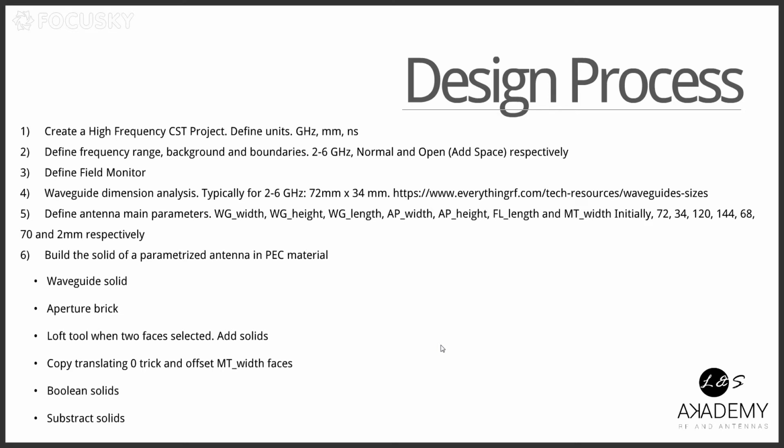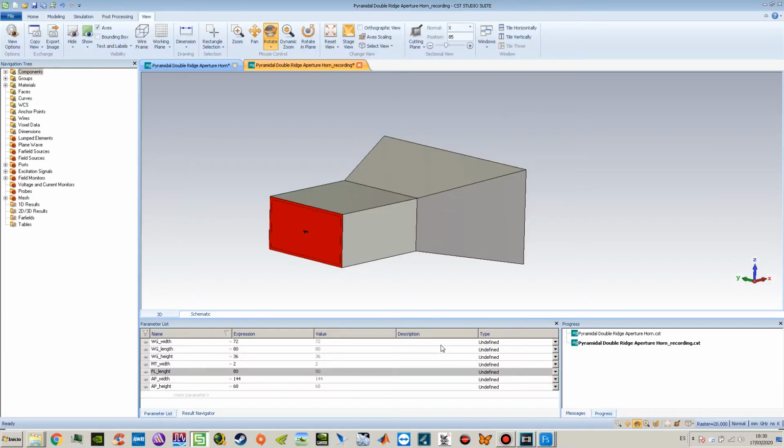Okay, the design process. I will take the CST file from the previous video, so make sure to follow the previous video in order to have the basic solid of a horn antenna that we already explained.